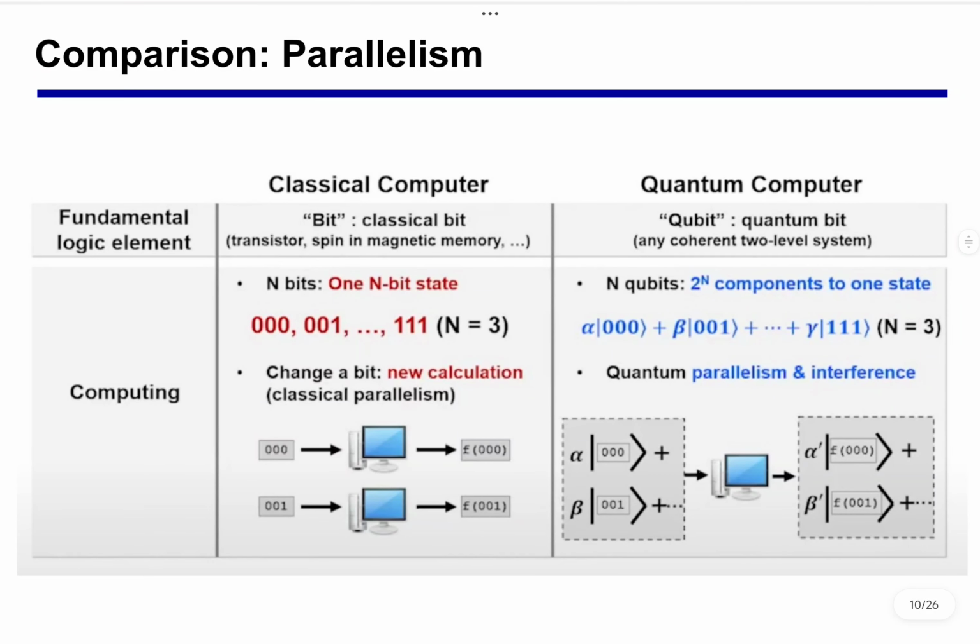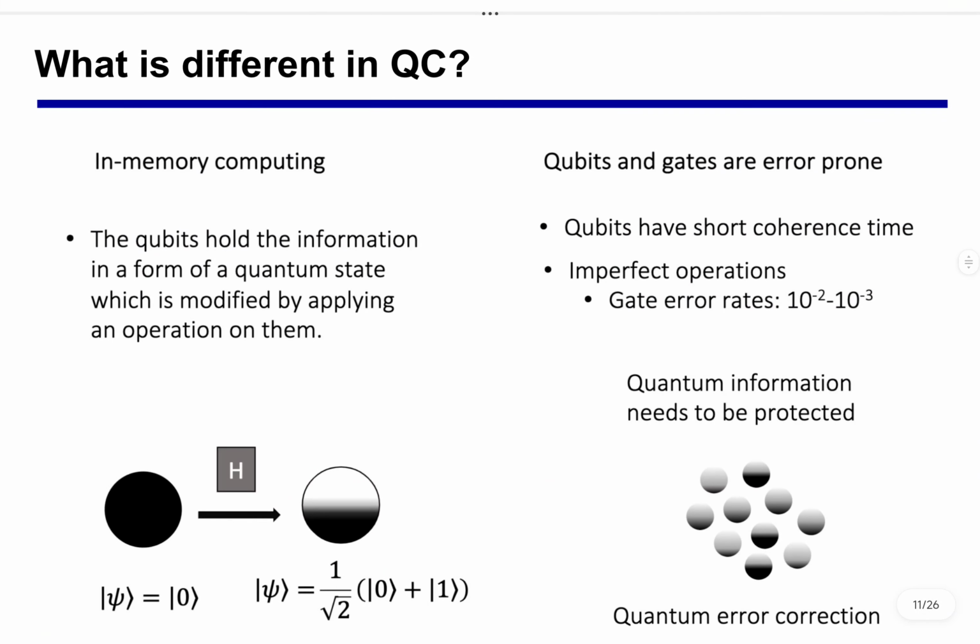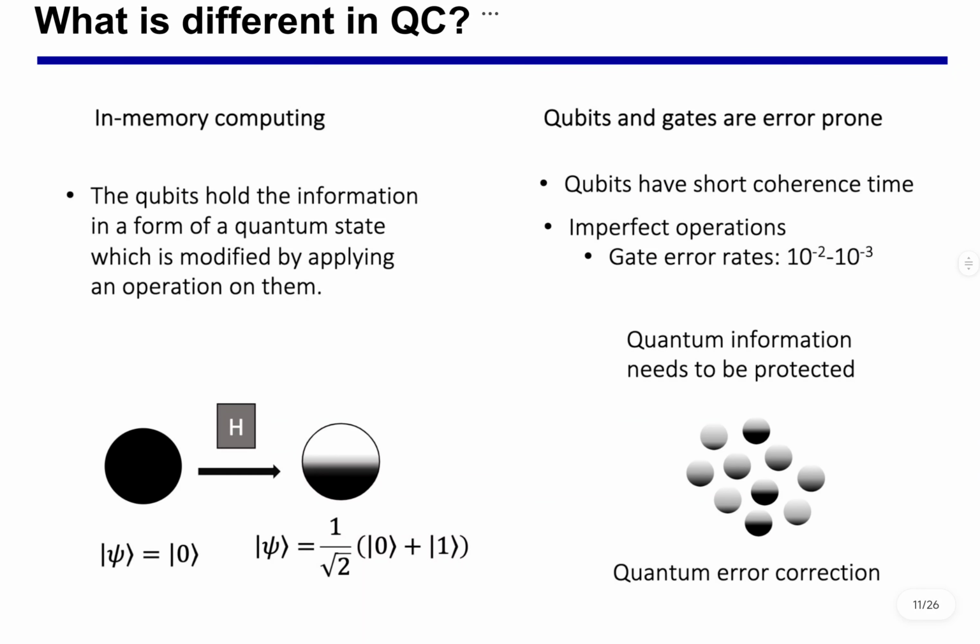And what does parallelism mean? Different representations carry more information, plus interference, and that is the advantage of quantum computing.